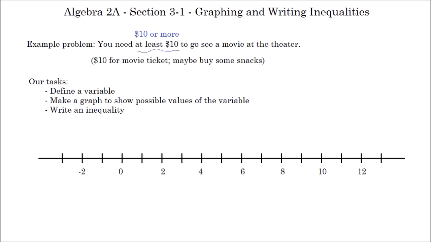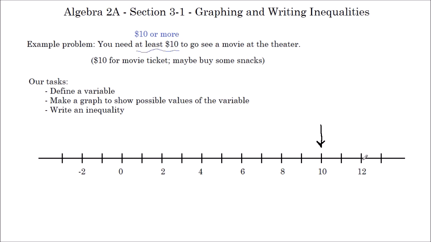So now I'm going to take a look at the graph. I'm going to look at some possible values for how much money we could have to be able to go to the movie. The first number I'm going to look at is 10 itself. So $10. If I had exactly $10, would I be able to go see a movie?